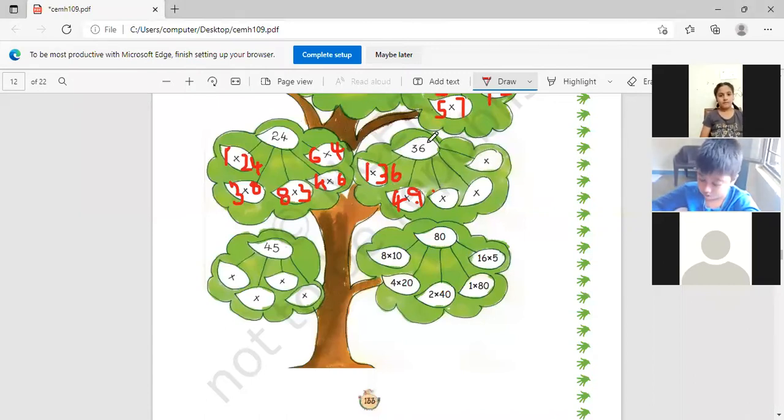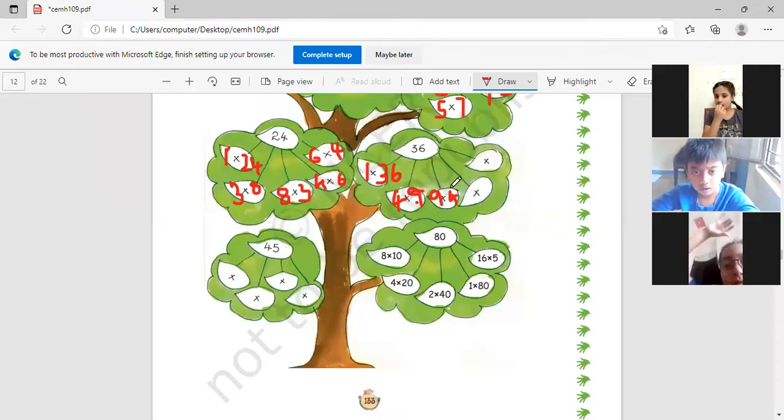Not that, my dear Vivek. For 36, if the factors are 4 9s are 36, is there another table where you get 36? I asked you to change, no? 9 4s are 36. Just interchange the numbers. You will get the same answer. 4 9s are 36, 9 4s are 36, right?